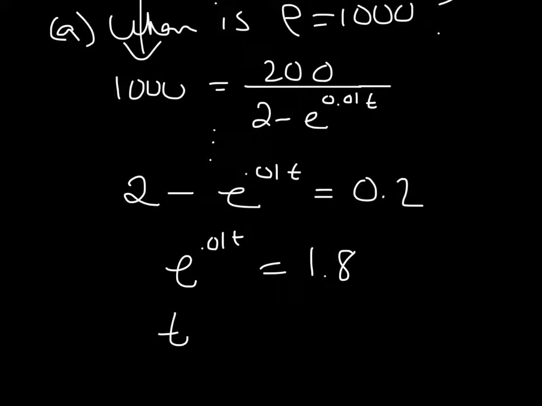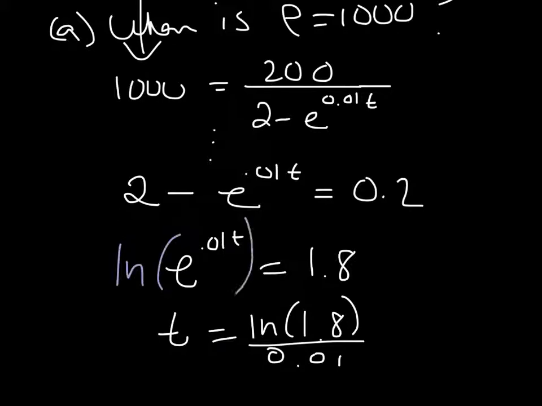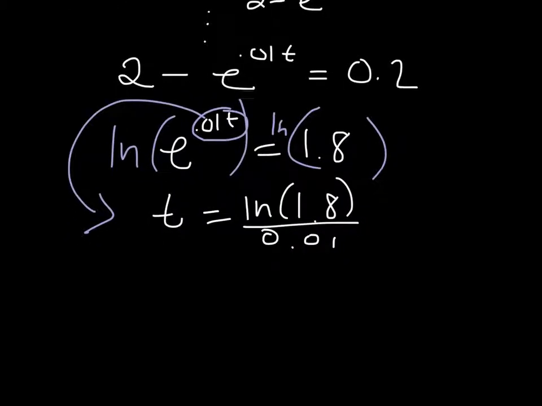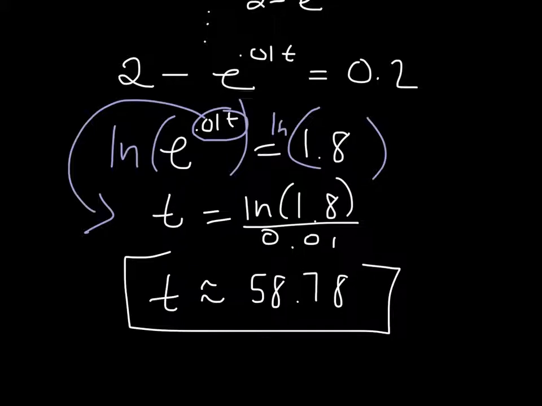When you solve for t, you end up with the natural log of 1.8 divided by 0.01. So t is approximately 58.78. So for the population to get to 1,000, it takes 58.78.